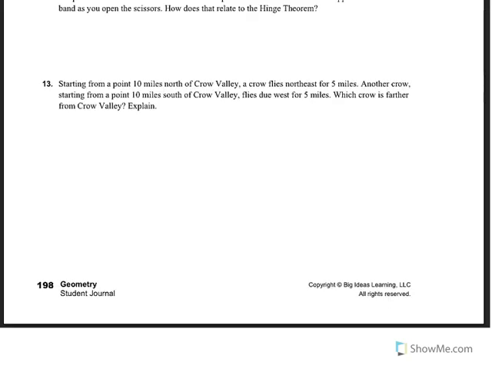So starting from a point 10 miles north of Crow Valley. So we have Crow Valley, and we have something 10 miles north. A crow flies northeast for 5 miles.